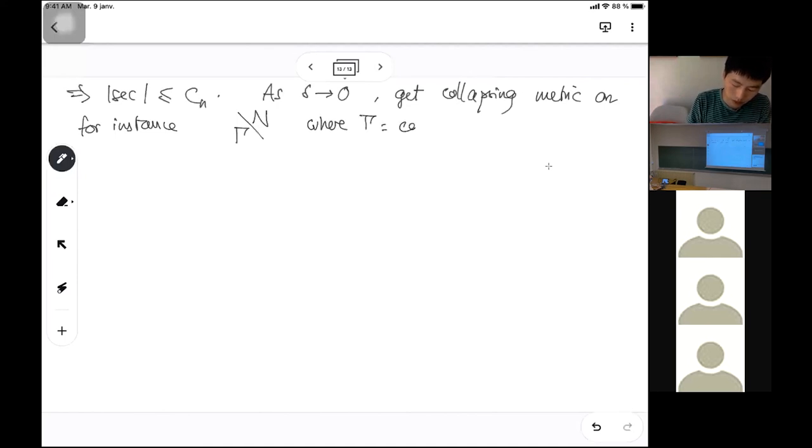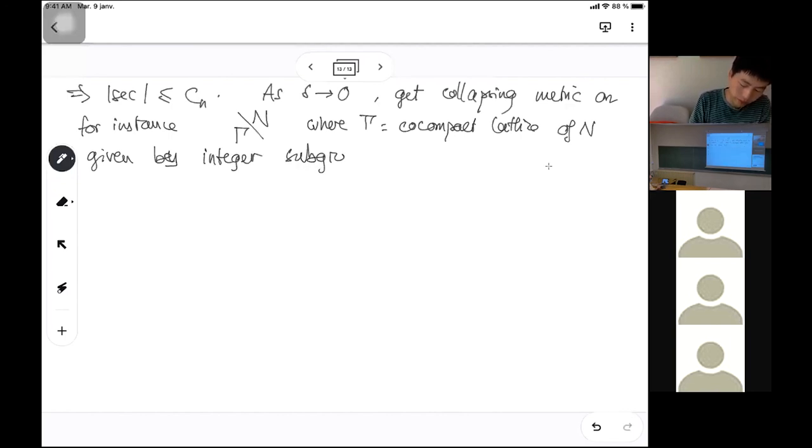Gamma is a co-compact lattice of N given by integer matrices, an integer subgroup of N.